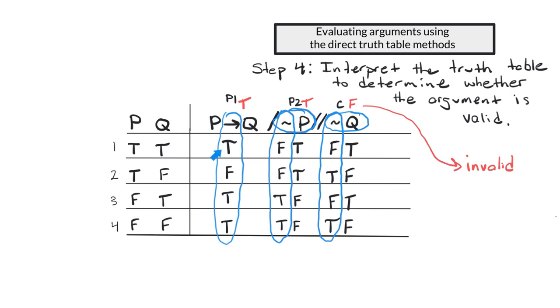Here we have premise 1 true, premise 2 false, and the conclusion false. So there's no possible way for that row to indicate an invalid argument, right? It doesn't have all true premises and a false conclusion. It does have a false conclusion, but since premise 2 is false, it doesn't fit that pattern.